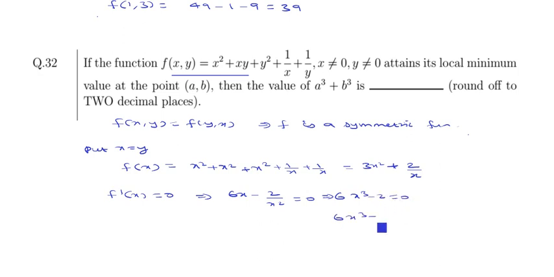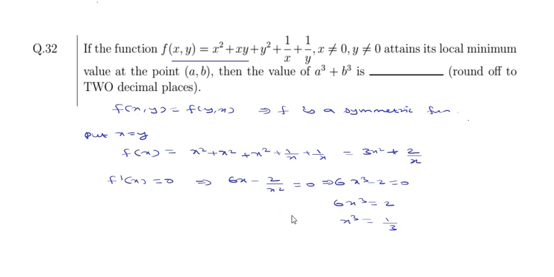So that is 6x cube equal to 2. Therefore x cube equal to 1 by 3. So what about y cube? y cube is also 1 by 3 because x is equal to y.